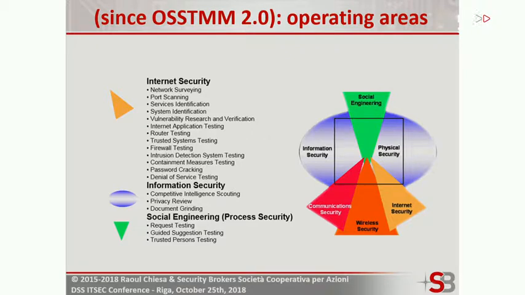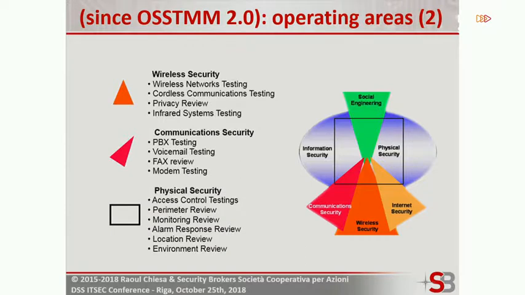As far as we know, we've been the first one to talk about SE as well, social engineering. This was happening already back between 2001 and 2002 in OSSTMM. And those are the other 3 areas.